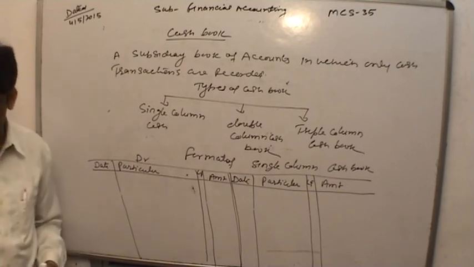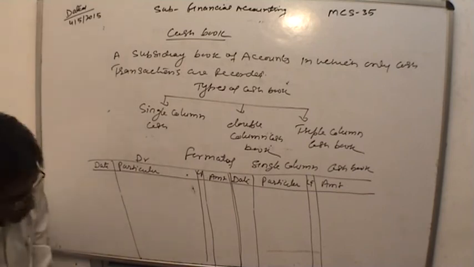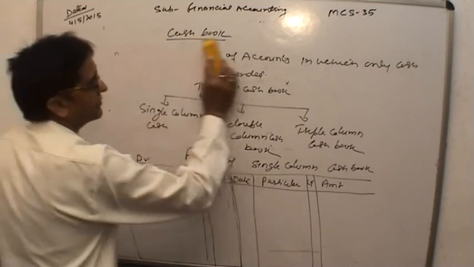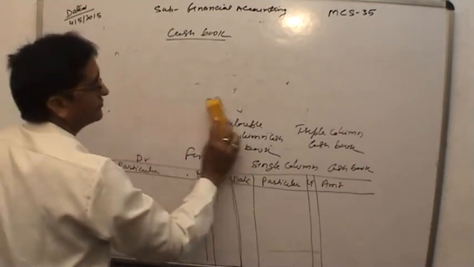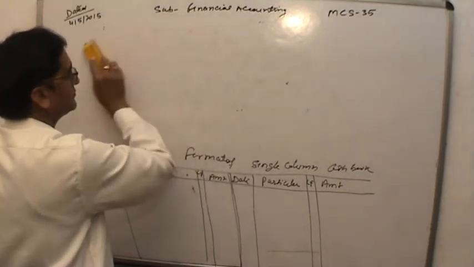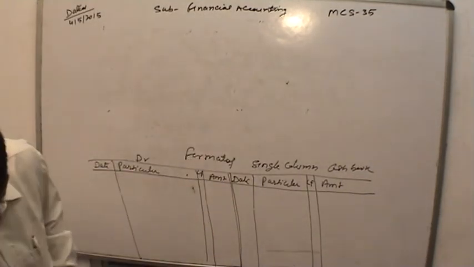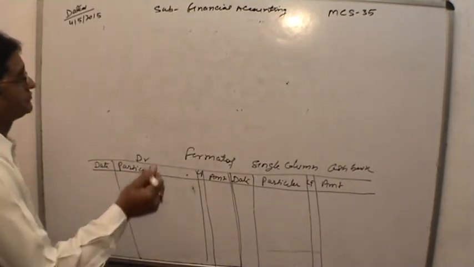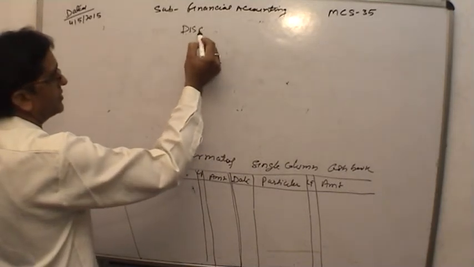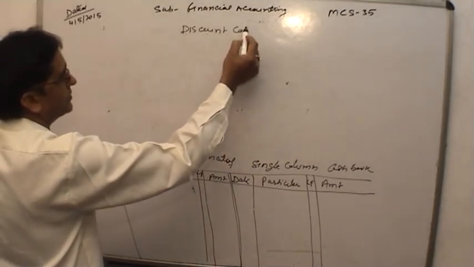And now double column cash book or discount column cash book.